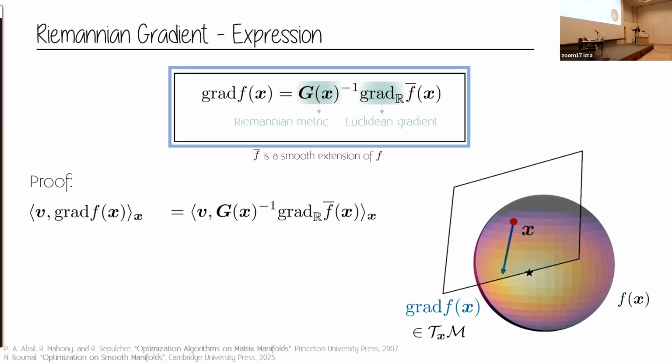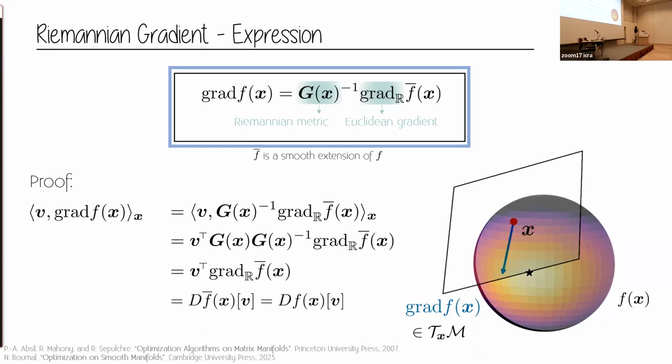The inner product on the Riemannian manifold is here v transpose times the metric times the second term. Here the metric times its inverse is equal to the identity. You see that this is equal to v transpose times the Euclidean gradient, and this is equal to the directional derivative. We're good? Okay.